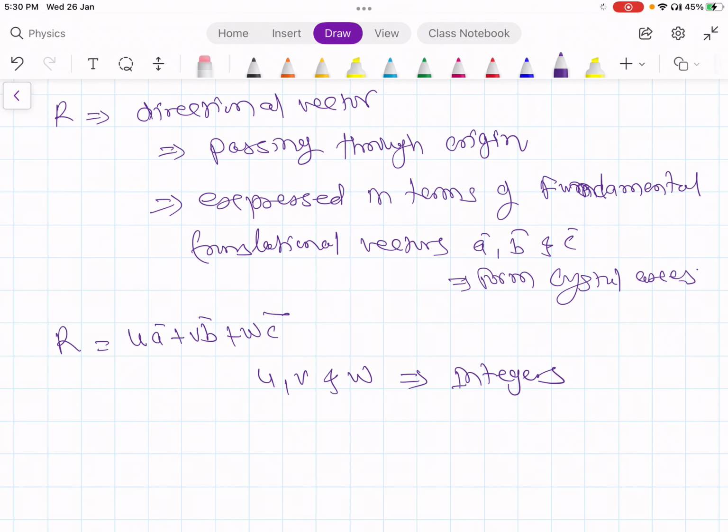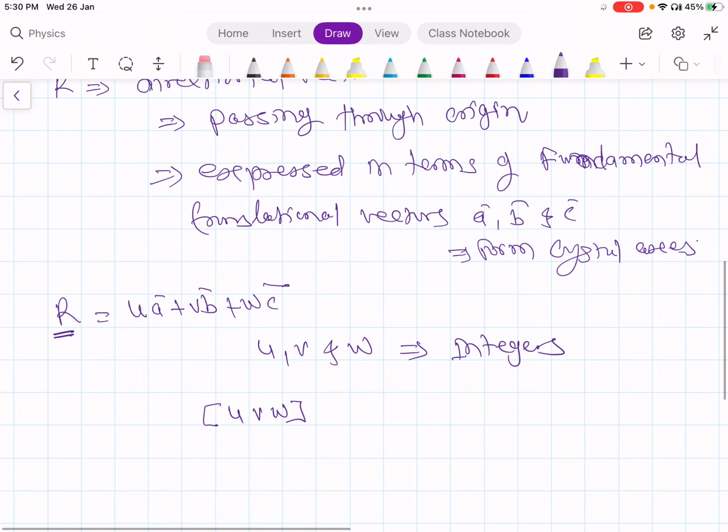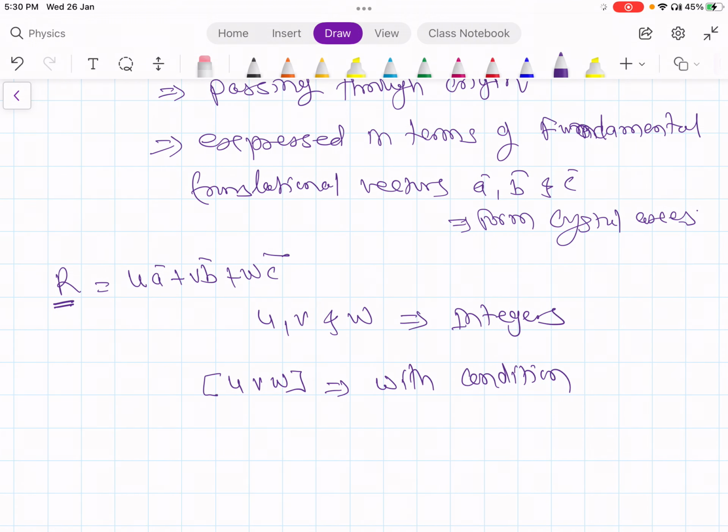Then Miller indices of the direction R is nothing but you have to enclose these integers U, V, W in the square bracket with the condition that their common factor should not be more than unity.